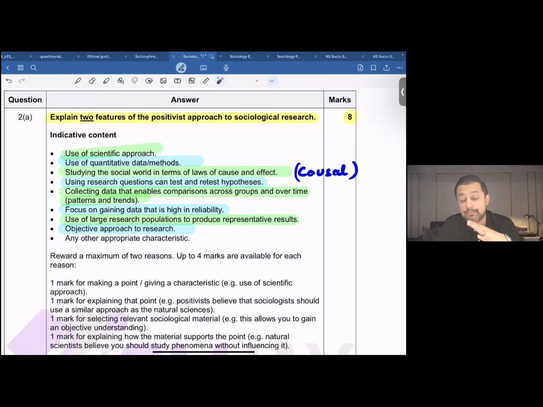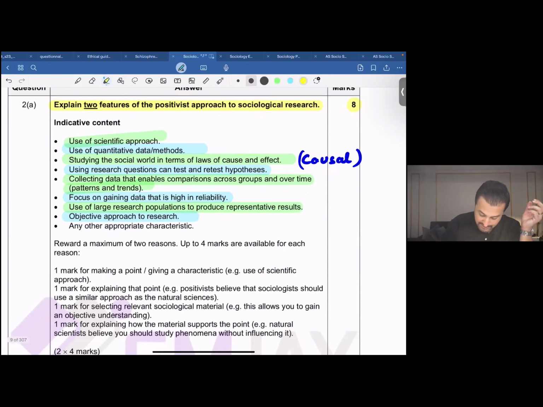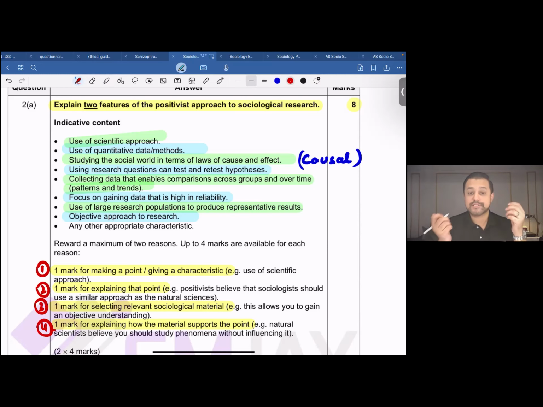So if you have 8 points over here, have a look at this criteria. I'll just highlight it for you. After reading these 4 points, I'll just number this 1, 2, 3, 4. 4 marks for the first point being explained, 4 marks for the second point being explained.